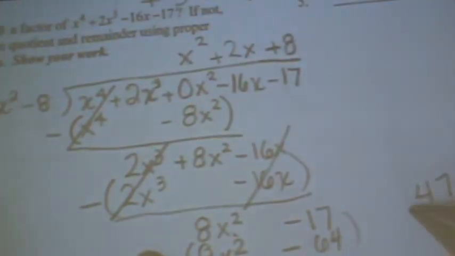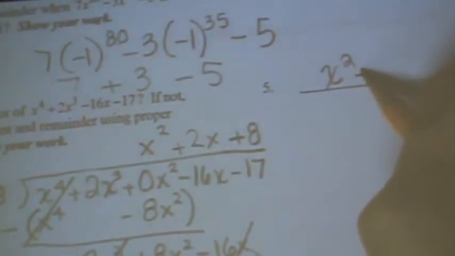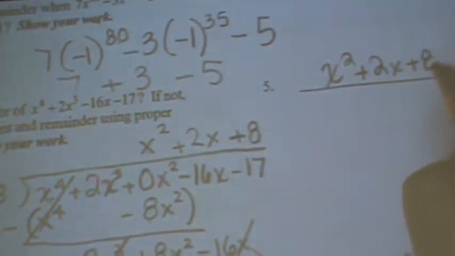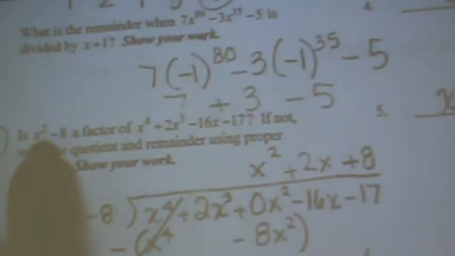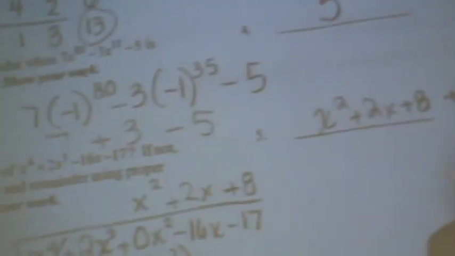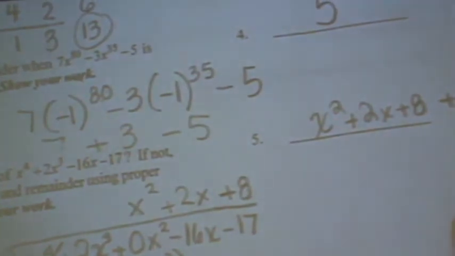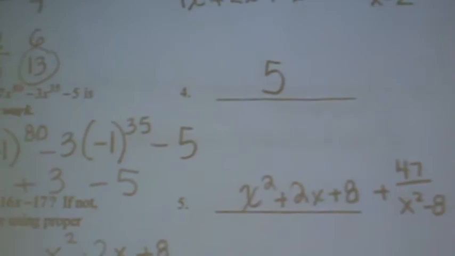So that's your remainder. So your answer is x squared plus 2x plus 8 with a remainder of 47 over the divisor x squared minus 8. And that is on your test. And unfortunately, a calculator is not going to help you on that one. It's not going to save you.